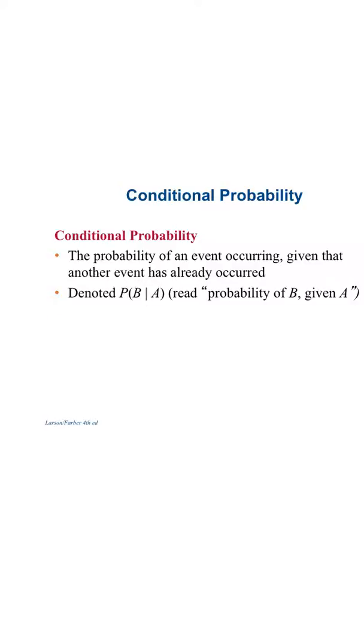So to write in mathematical terms the probability of getting a tails given that I already got a heads, this notation right here outlines it.